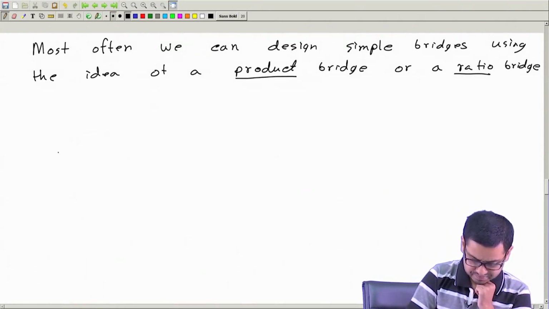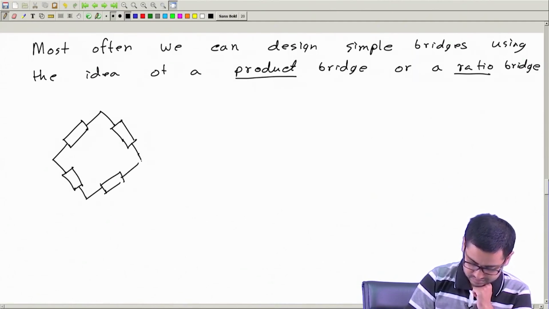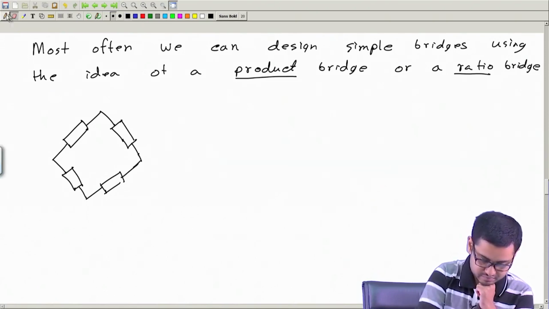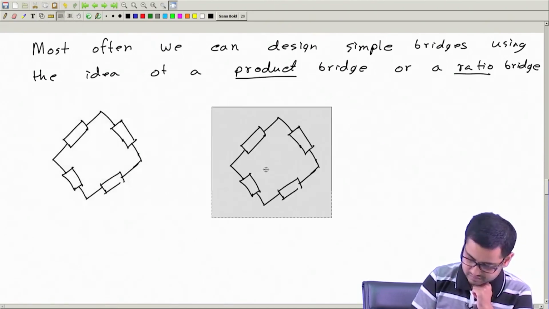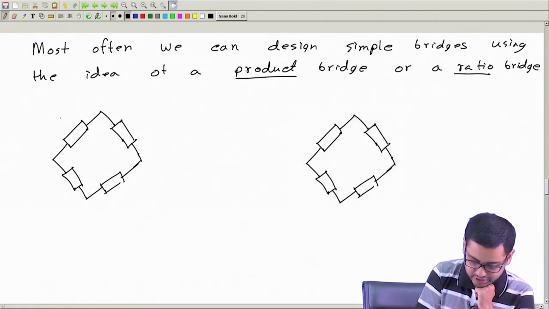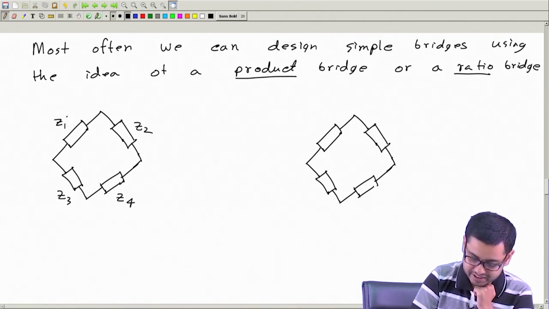Suppose I have this bridge. If I write the impedances as Z1, Z2, Z3, Z4 and the corresponding admittances are 1 over Y1, 1 over Y2.